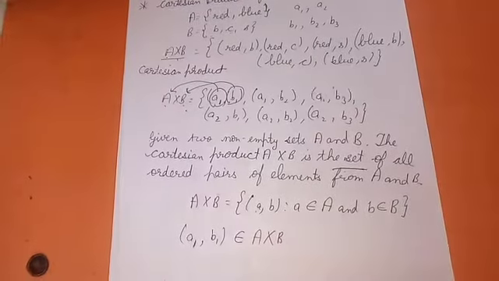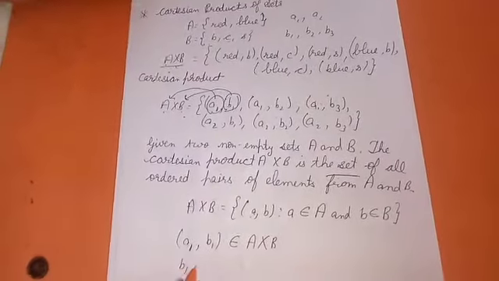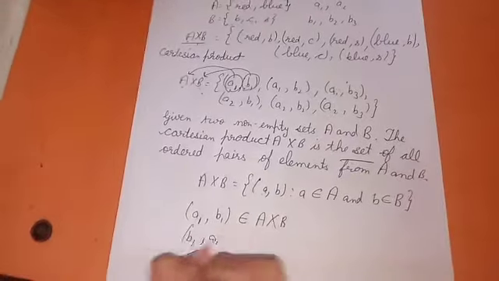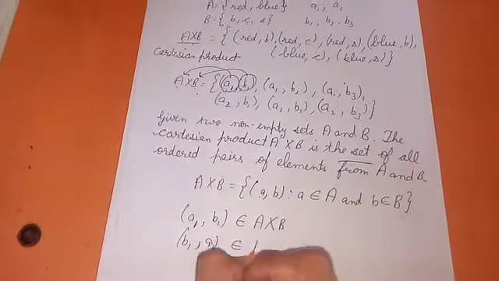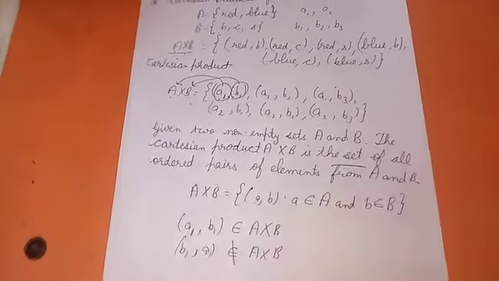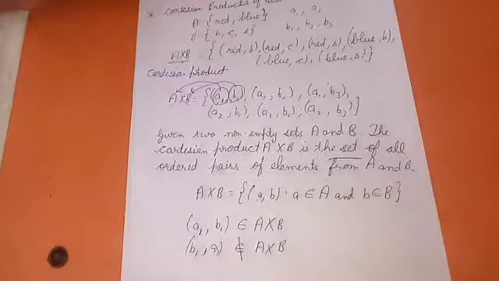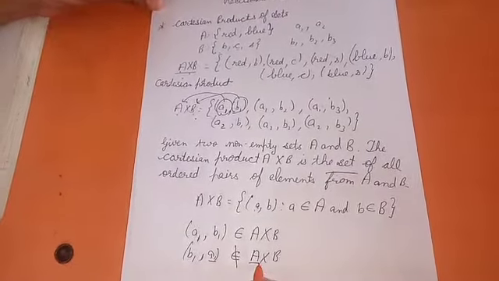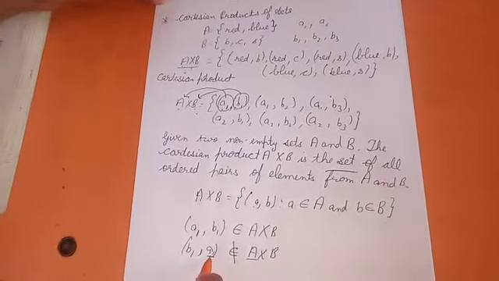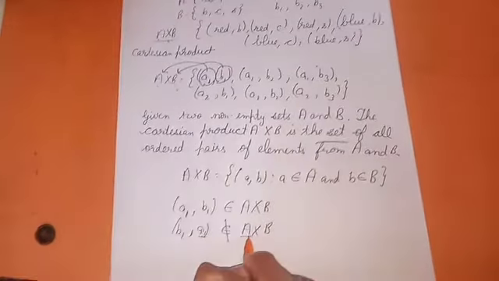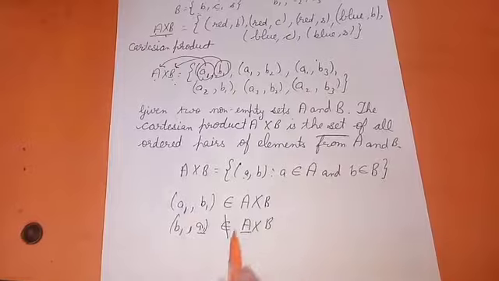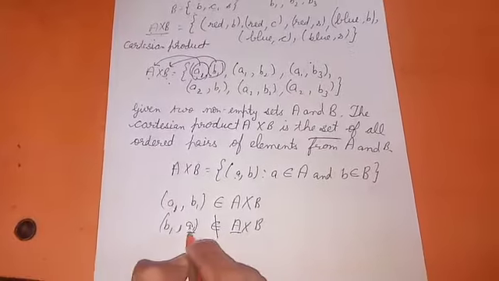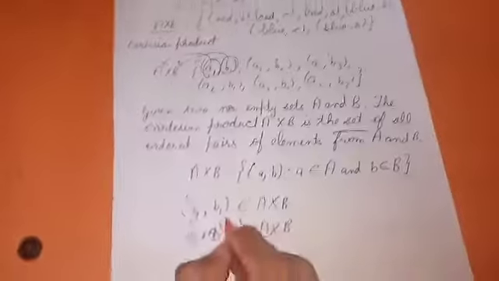It is true. But if I write (B1, A1) belongs to A cross B, that is not true, because the first position is for an element of set A, but here B1 is in the first position, and A1 in the second position would have to be an element of set B, but actually it is not true.